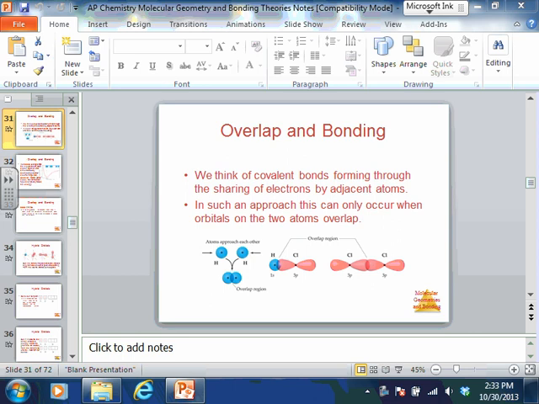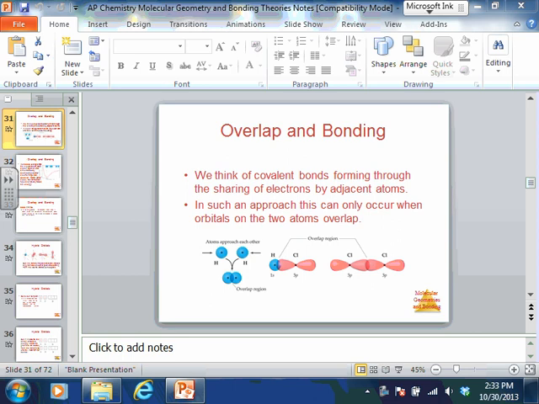So basically, let's talk about 9.4 quickly, covalent bonding and orbital overlap. There are two major ideas here that I want to focus on. One is the idea that when two things bond, their orbitals overlap with one another. Now, you need to understand this is the bonding theory that you have learned so far.